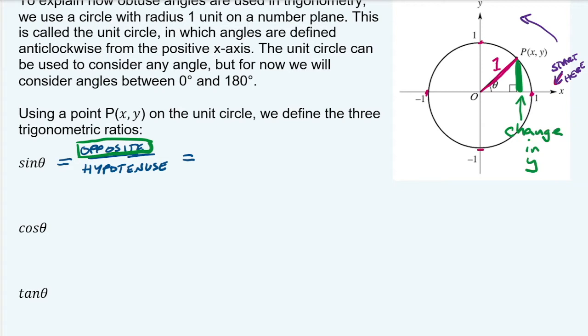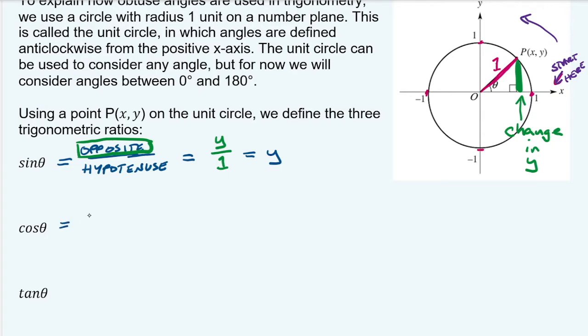This is the change in y, or the rise. So we have y over 1, because 1 is the hypotenuse. Y over 1 is just going to be y. So sine of theta in the unit circle is just whatever that change of value of y is.